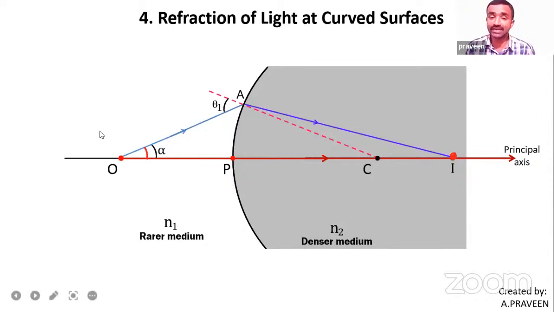Use those terms to give a proper relation between them, called the curved surface formula. So let us derive the curved surface formula.